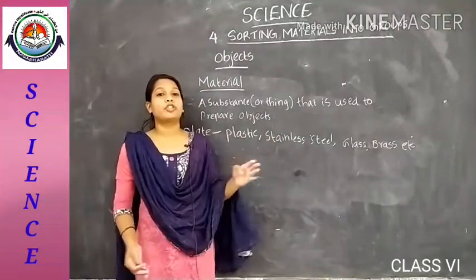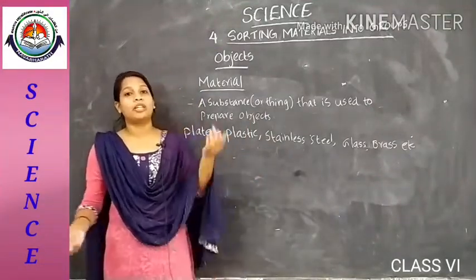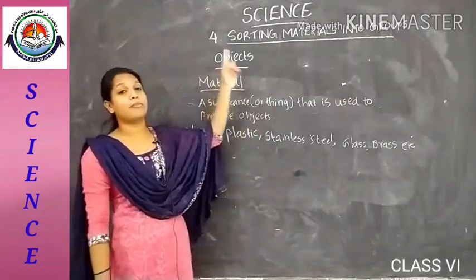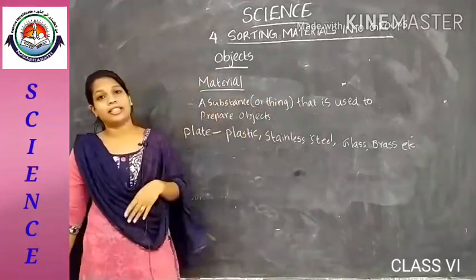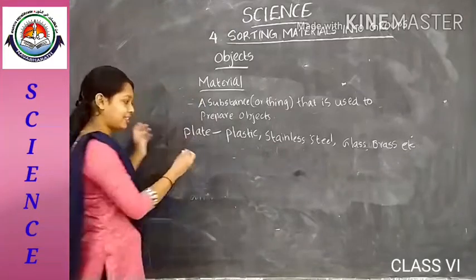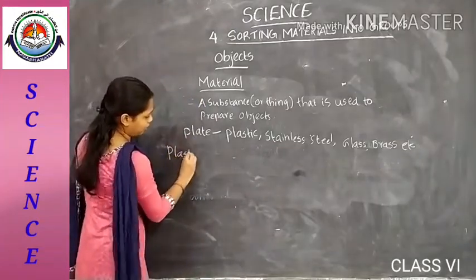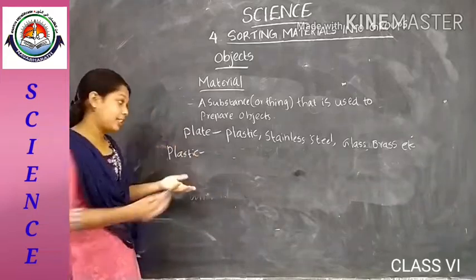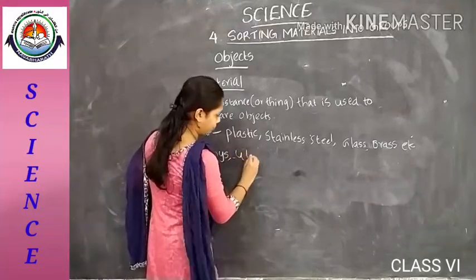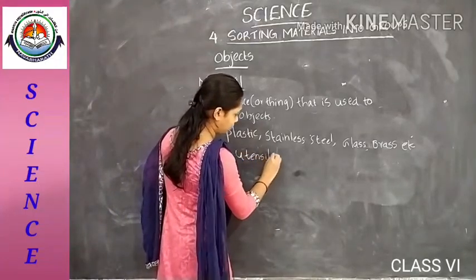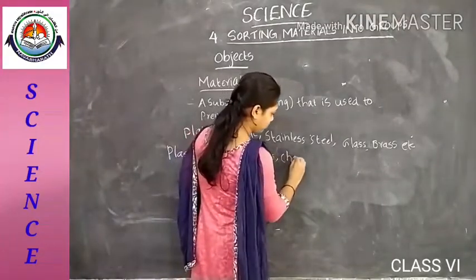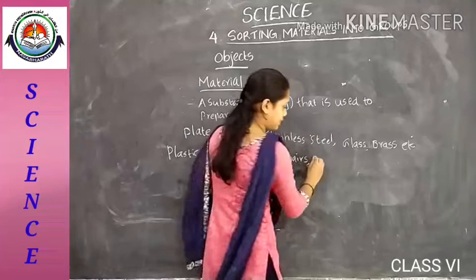And different kinds of objects can be prepared from the same material. How? For example, in the case of plastic, we can prepare plastic toys, then utensils, then plastic chairs, bottles.